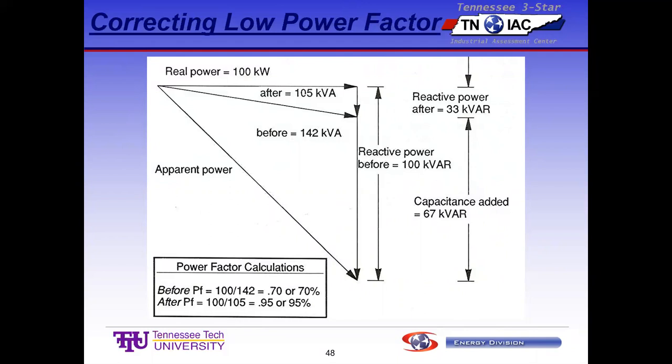The initial power triangle is this big one, and the apparent power is way down here, and that's your reactive power all the way up there. The reactive power on the initial power triangle is 100 kVAR. So this is a right triangle, 45, 45, and 90, because I have 100 and 100 and a hypotenuse, from your trig.